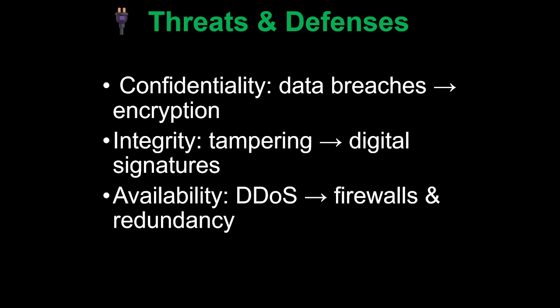In availability, the DDoS, denial of service attack, is where the attacker tries to make the resources unavailable. So we use firewalls and redundancy.